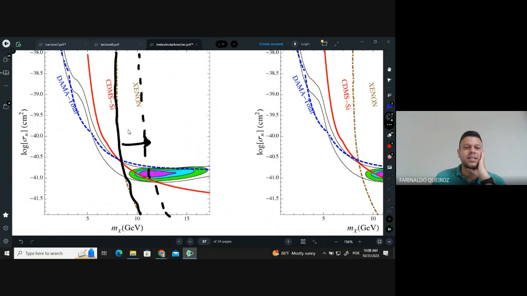The fact that xenon did not know really well the quenching factor, so they overestimated the quenching factor. This drove the community for two to three years. But as xenon improved its sensitivity, it said, look, you can come up with a quenching factor, tune the velocity, inelastic dark matter, I don't care. It will be excluded anyways.